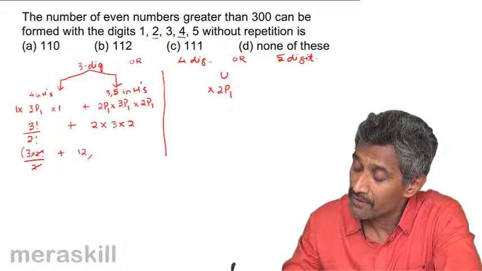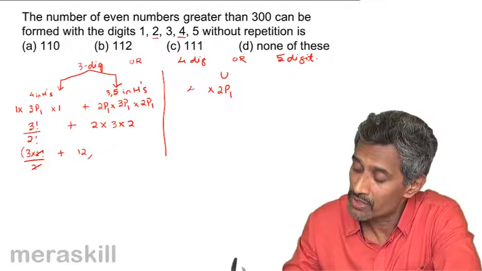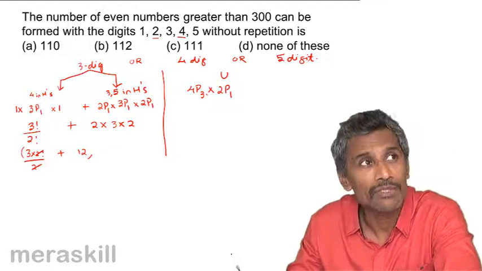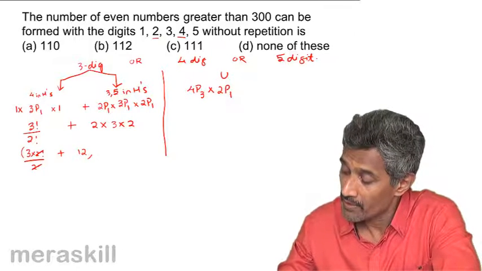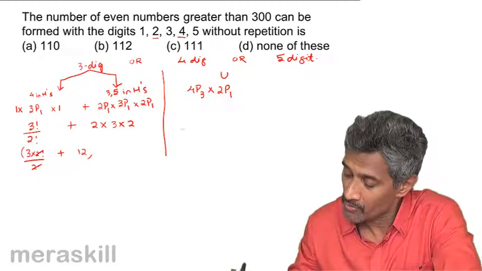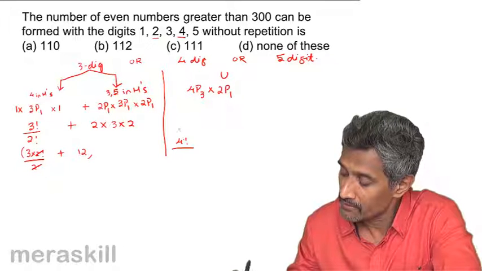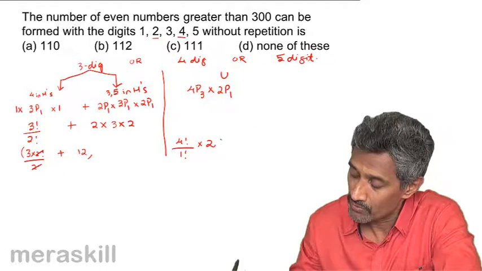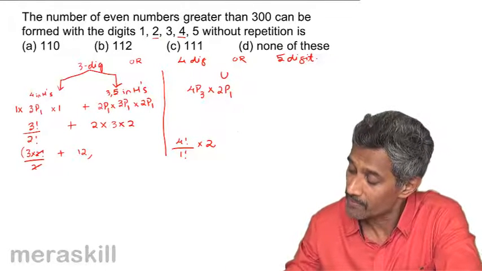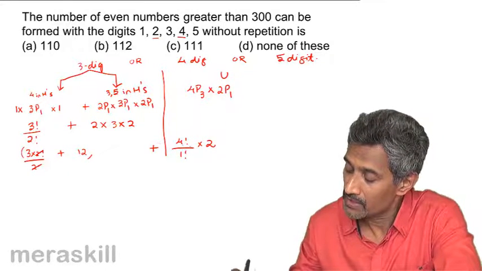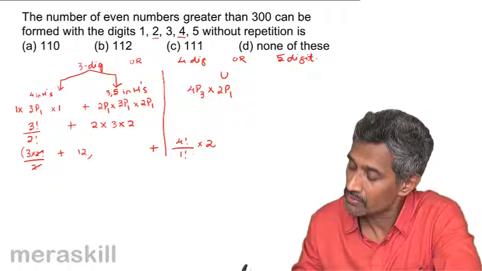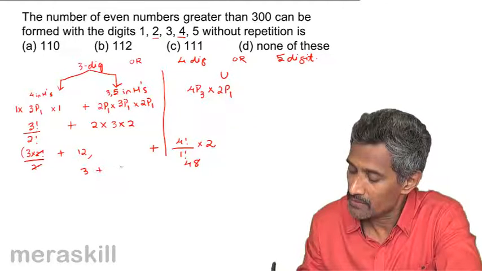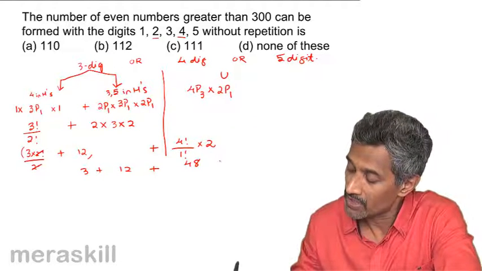And the remaining 3 digits have to be chosen out of 4, so that is in 4P3 ways. That turns out to be 4 factorial by 4 minus 3 factorial, which is 24, into 2, which is 48. So we have 3 plus 12 plus 48.